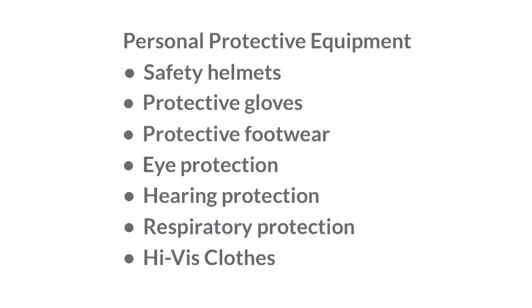Basic personal protective equipment consists of safety helmets, where falling objects might create a hazard, protective gloves when handling materials or performing work which might cause injuries to the hands, protective footwear, where there is danger of slipping or of injuries to the feet, eye protection like safety glasses, goggles, face shields, hearing protection like earplugs or muffs, respiratory protection like dust masks and respirators, and high-visibility clothing to enhance the visibility of personnel.